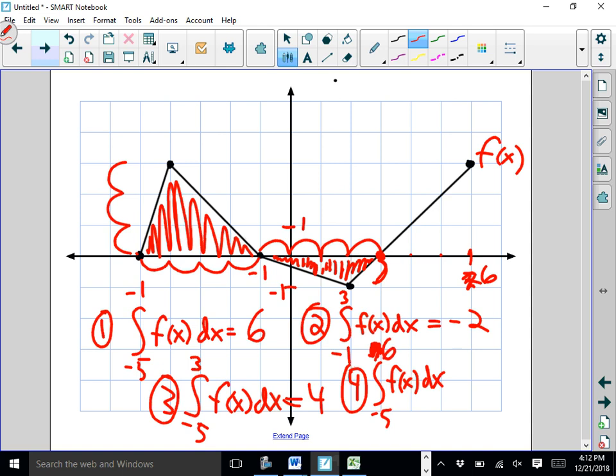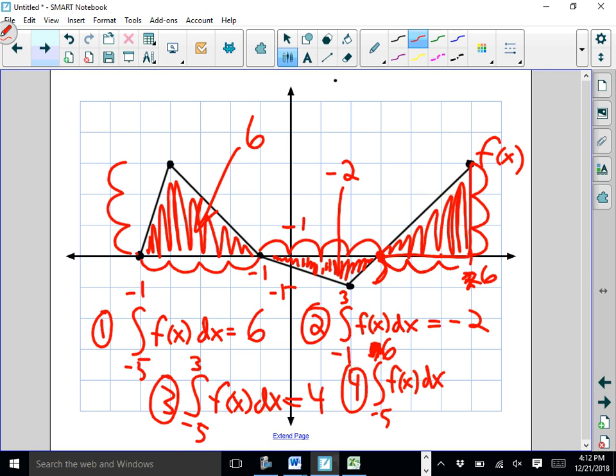Well, again, when we're doing an integral, let's look at all of these shapes. We already calculated that this area was 6. We already counted this area as 2, but it counted as negative, so it's -2. Now let's figure out what this one represents. I've got a height of 1, 2, 3 and a base of 1, 2, 3. 3 times 3 is 9, and 9 divided by 2 is 9/2.